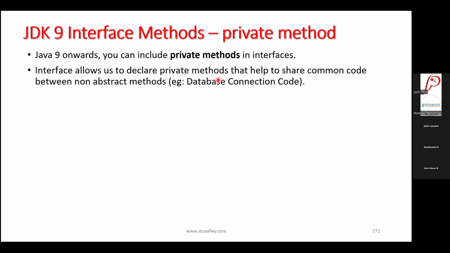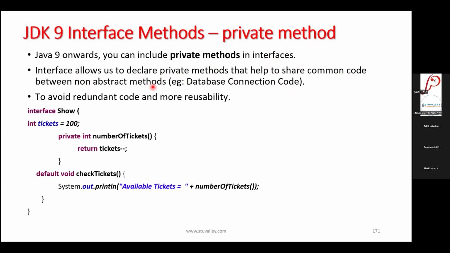So Java 9 onward, you can include private methods in interfaces. Interface allows us to declare private methods that can help to share common code between non-abstract methods, for example, database connection code, etc. To avoid redundant code and for more reusability, we can write private methods. Example is like this. Here we have written this method, private number of tickets, where we are using the private access specifier.